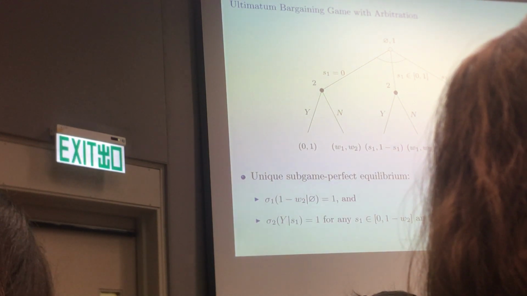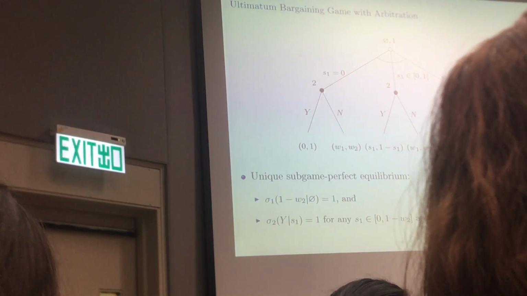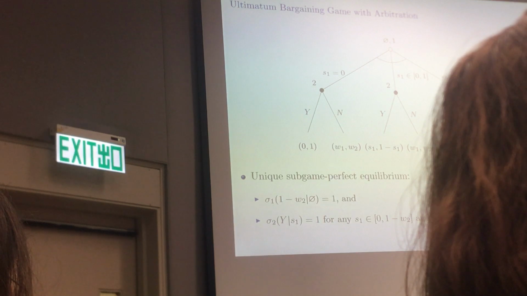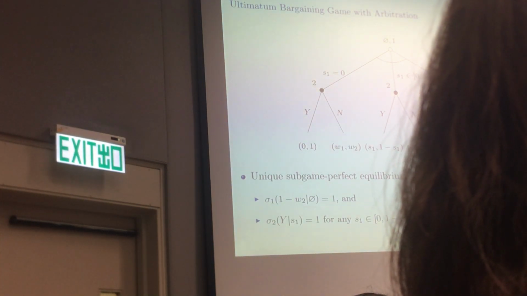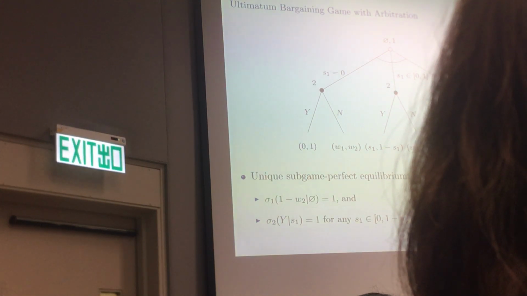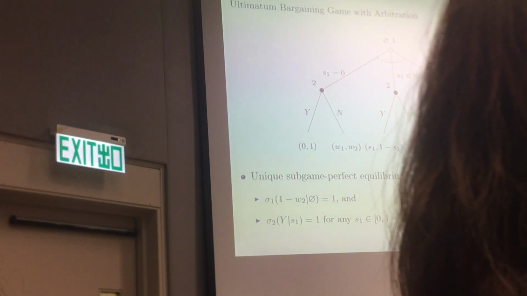If S1 is smaller than 1 minus W2, then player 2 will say yes, which means player 1's payoff will be equal to S1. So on this part of the graph, player 1's payoff looks like this: a straight line with 45 degrees.